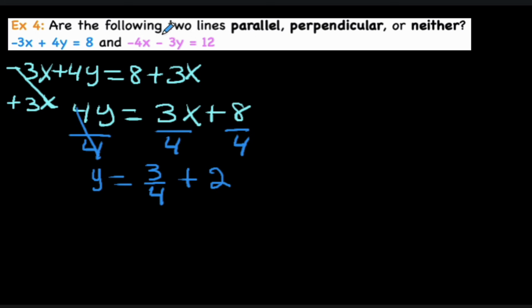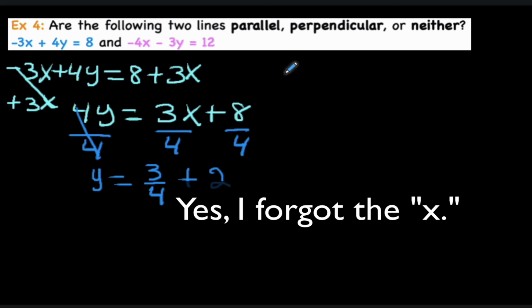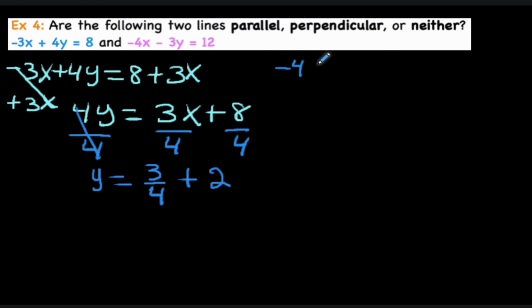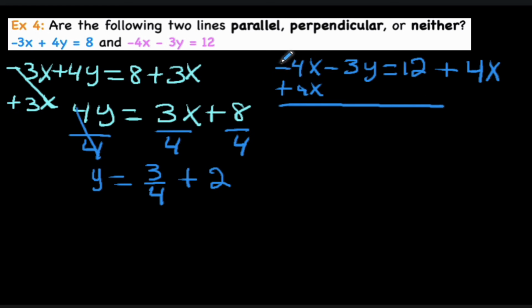And let's go ahead and rewrite this line into slope-intercept form as well. So we have negative 4x minus 3y is equal to 12. So adding 4x to both sides. Okay, the negative 4x plus 4x cancels.